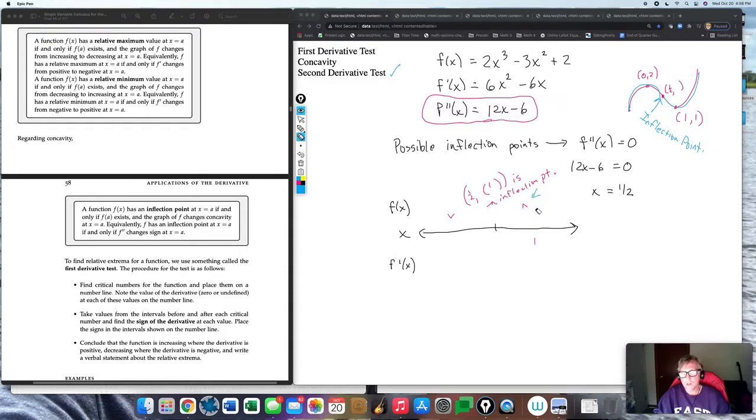The second derivative test allows you to find maximums and minimums without having to test values before and after your critical numbers.